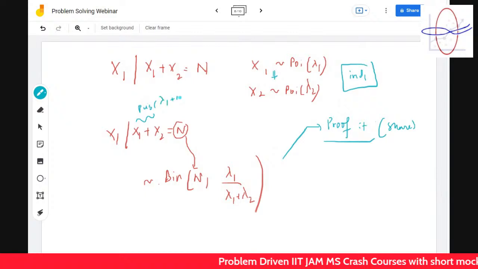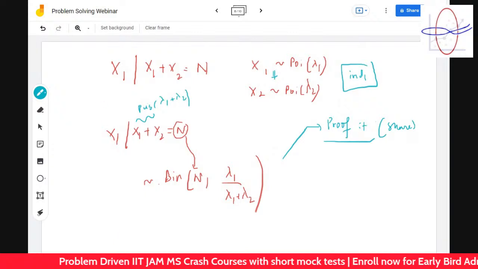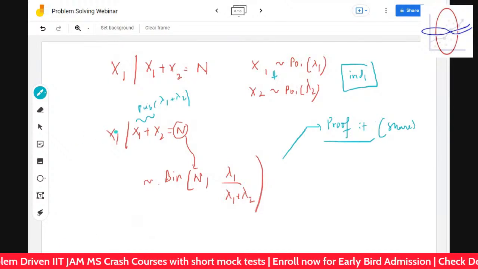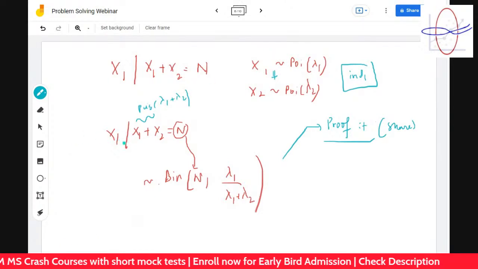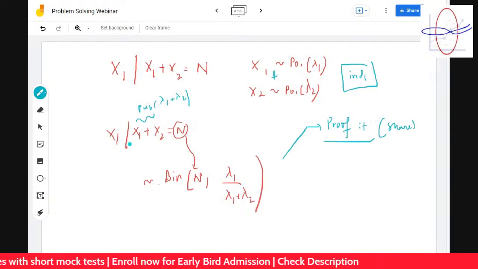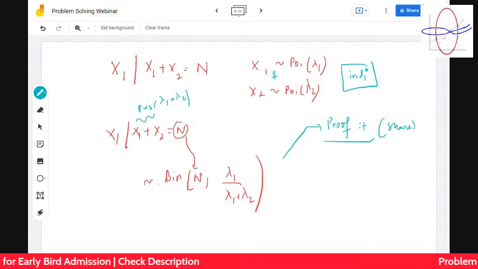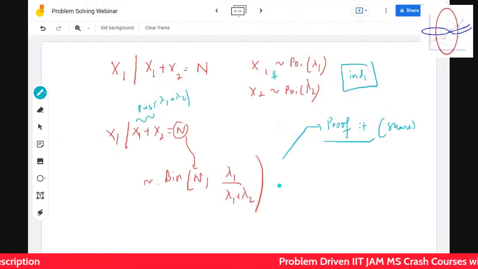This is a hint. You can use this property and find out the distribution of X1 comma X2. Convert it from X1 comma X1 plus X2, that joint random variable, to X1 comma X2. Because you know that they're independent and you can break it up. That's the basic idea.